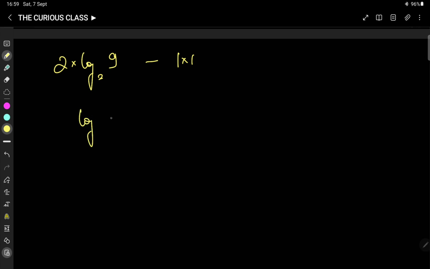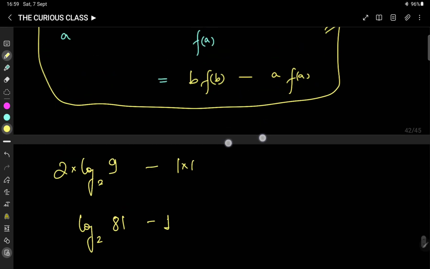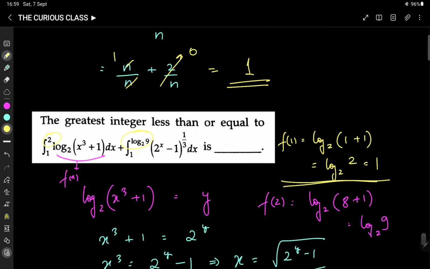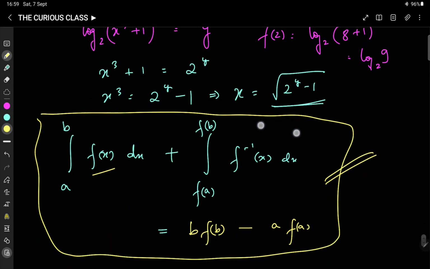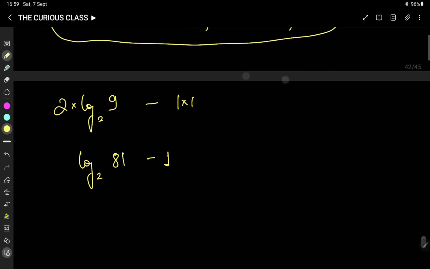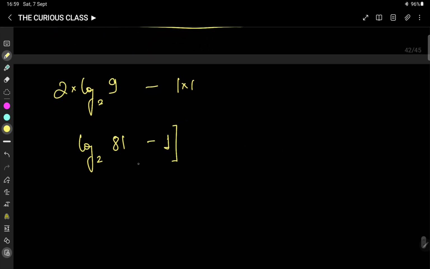This is nothing but log 81 base 2 minus 1. The question asks for the greatest integer less than or equal to the value, simply the boxed value. This has nothing to do with the greatest integer, they are simply asking for the boxed value.